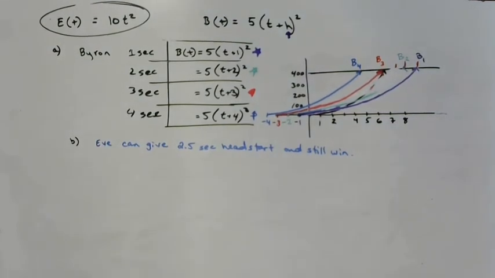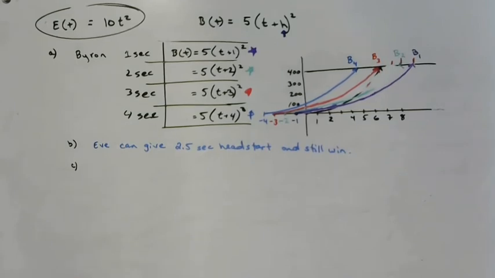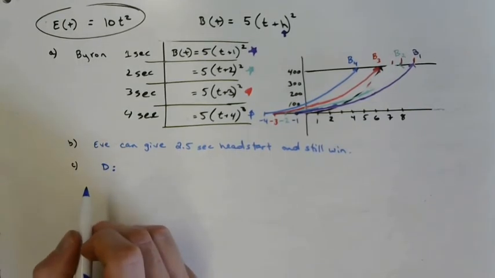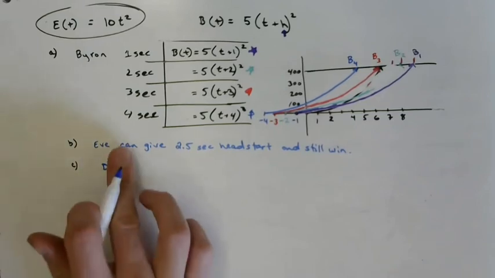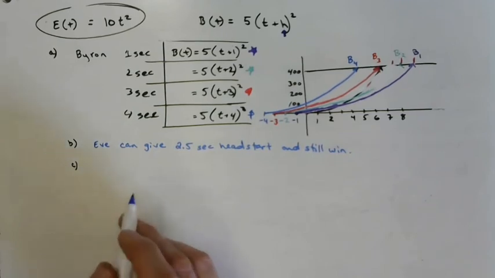C. Determine the domain and range of each function. Now, real world situation. Okay? Domain. We're going to work this into a little bit of a graph. The equations given are only valid from the time the car starts moving to the time it crosses the finish line, right?